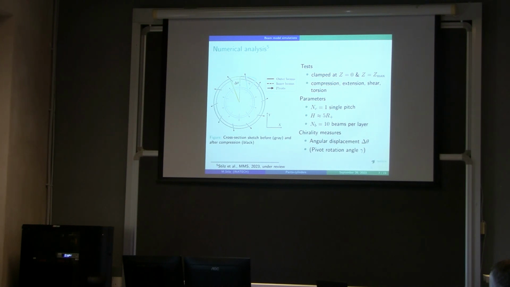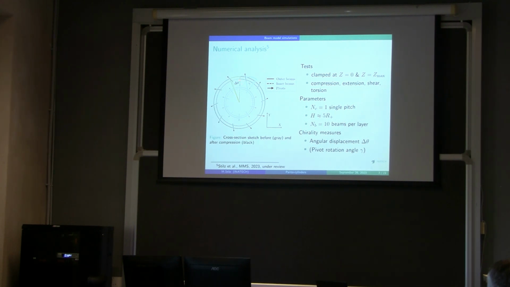The measure for chirality was, when you think about this cross-section, the y-x plane, of the cylinder, and if you compress the cylinder, you expect it to increase in its radius.